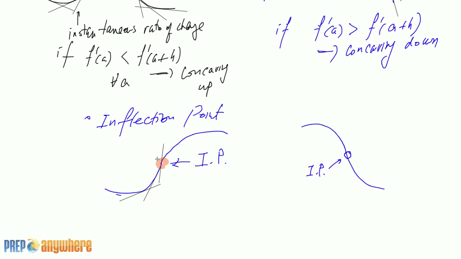And then afterwards, the graph is below the tangent. So that point we call the point of inflection, the inflection point. Here too, it's below the tangent line, but as it leans toward there, it just passes right through, and now it's above the tangent line.